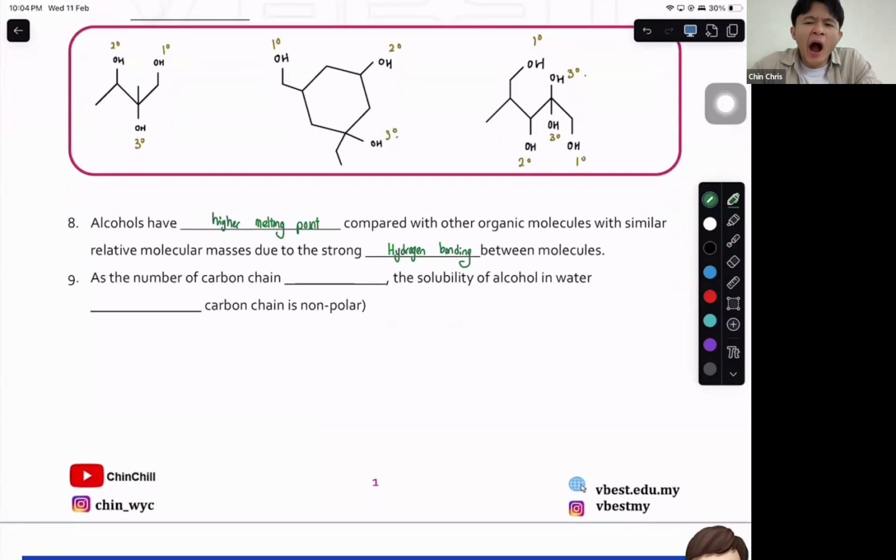Alright then, nice. As the number of alkyl groups increases, so as the number of carbons in the chain increases, what you are getting is that the solubility of alcohol in water decreases.